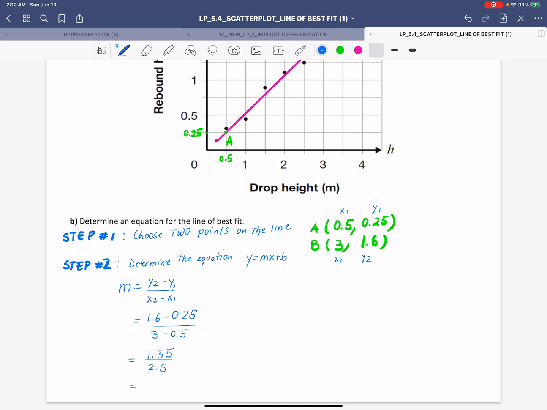So this would equal 1 point... We can move the decimal place if we want to do this using mental math. So this would be 135 over 250. And if you want to write this in decimal form, 135 divided by 250 is 0.54.